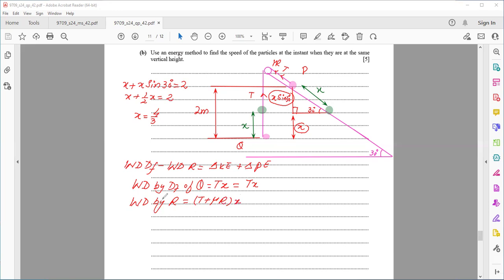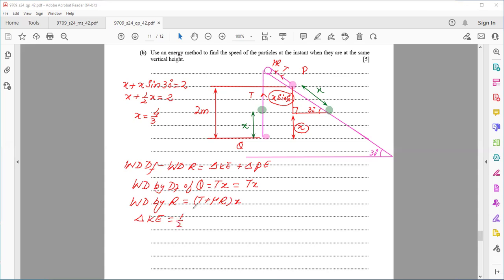Okay, next I have to find the change in kinetic energy. So the change in kinetic energy is equal to the final energy minus the initial energy. Final energy is when their vertical heights are the same, so after that the bodies are connected and move with the same velocity.